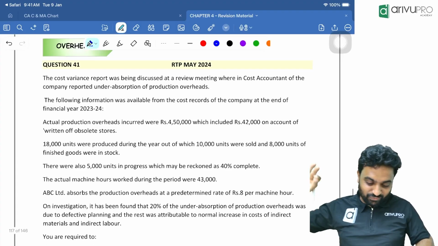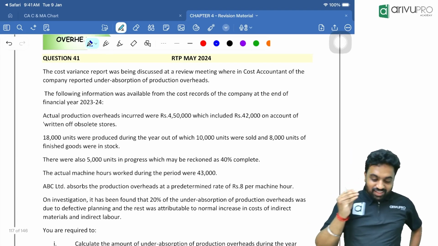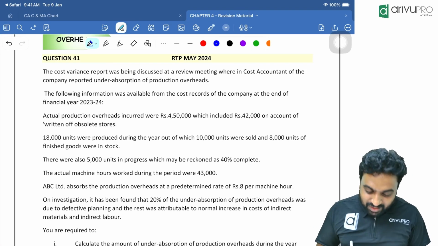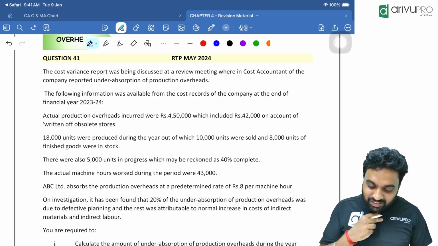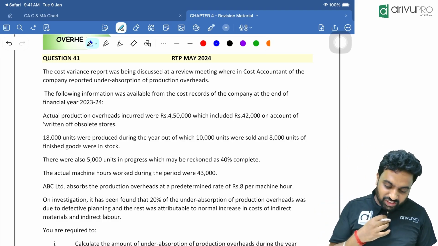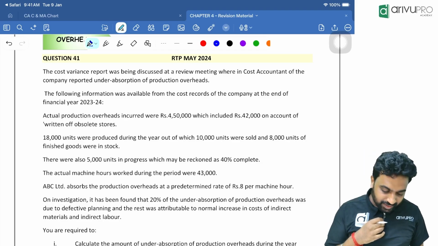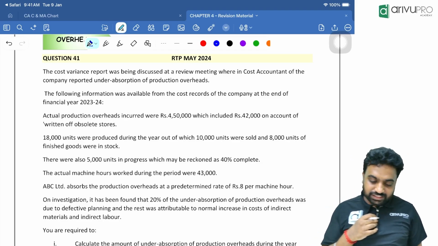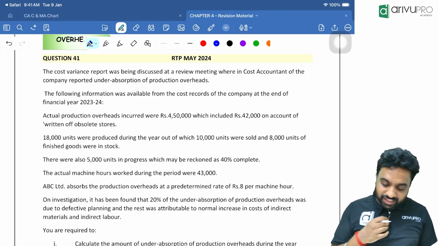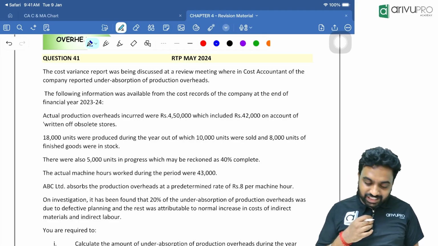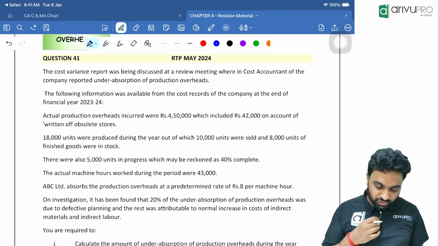Trust me, one last. The cost variance report was being discussed at a review meeting wherein the cost accountant of the company reported under absorption of production overhead. The following information was available from the cost record of the company at the end of financial year 23-24.